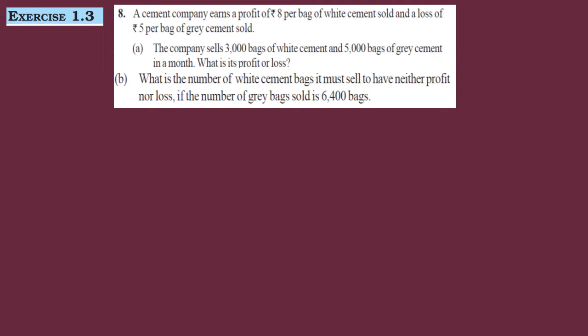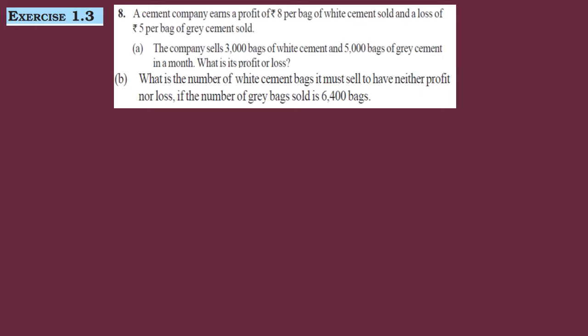So here you have to understand, profit means if you buy an article for 5 rupees and you are selling it for a higher price, say you sell your 5 rupee article for 7 rupees, you are selling it for 2 rupees more. So it is a profit. That 2 rupees is a profit for you.